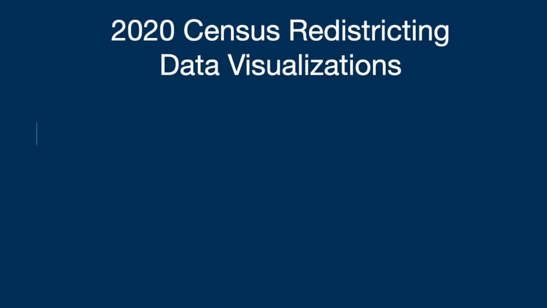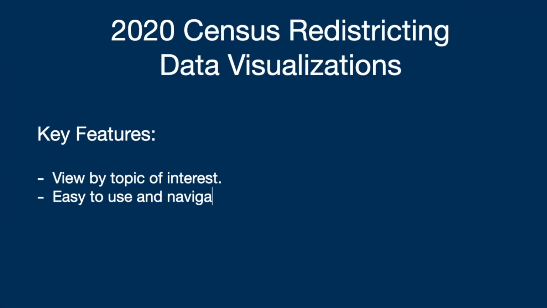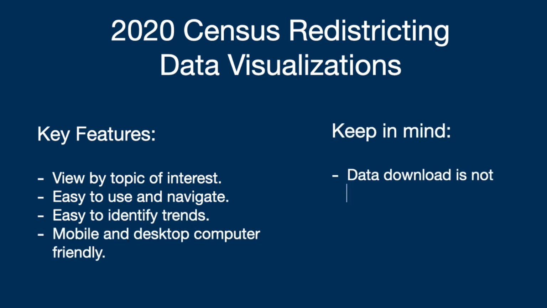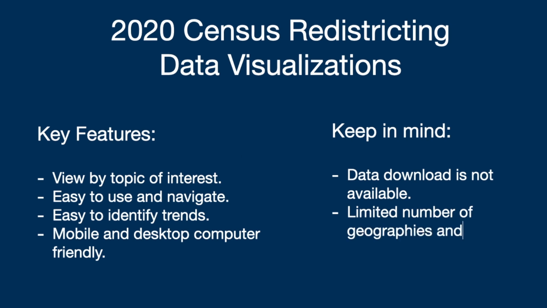Now, let's take a look at the Data Visualization Library that offers a few resources that can make it very easy for you to access and visualize 2020 census data. Data visualizations are an excellent option for someone who wants an easy and quick way to access the data and identify trends about a particular topic.